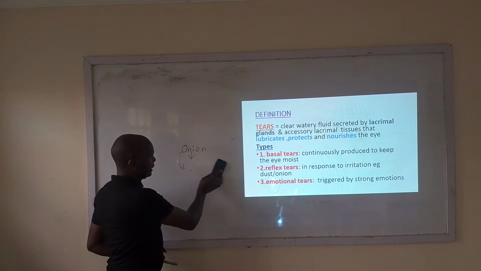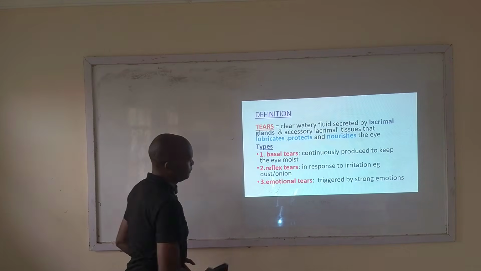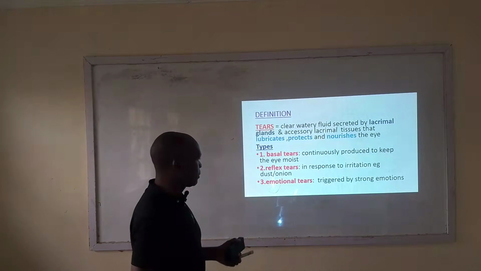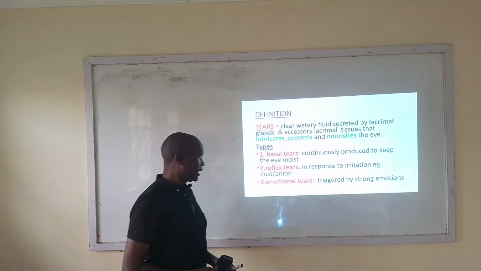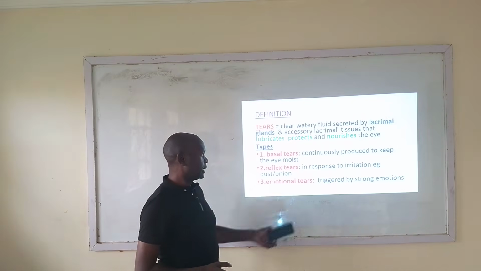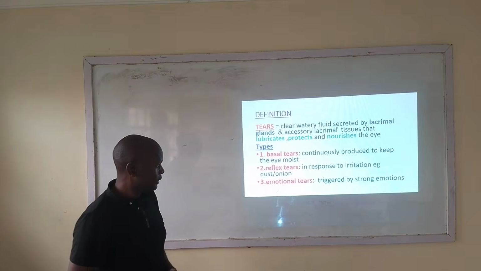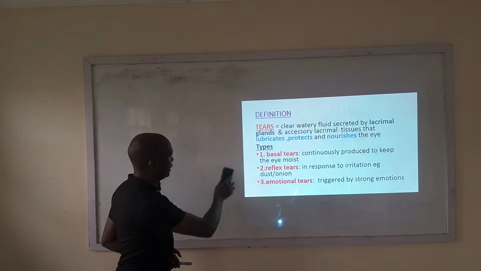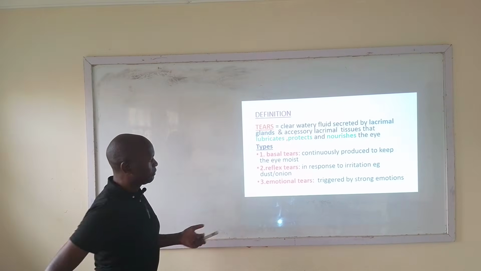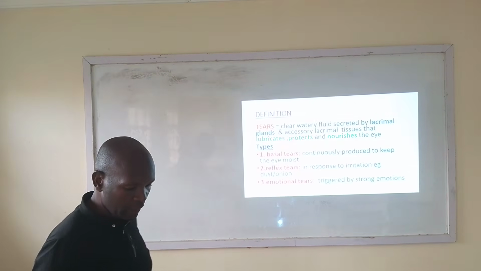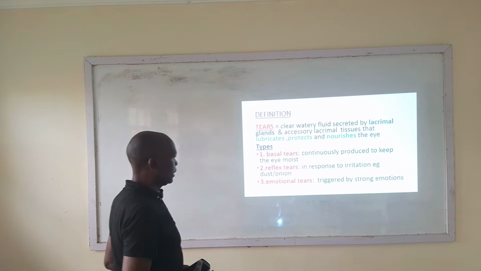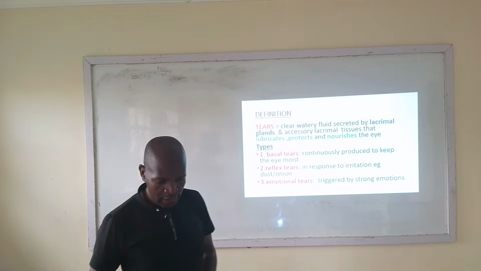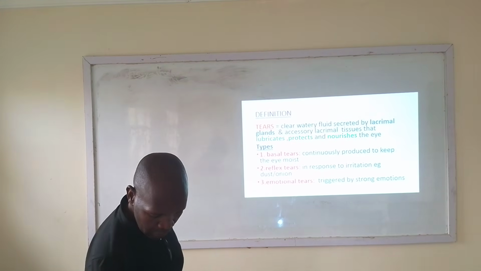Then we have the third type of tears, what we call emotional tears. This one is triggered when an individual has strong emotions. For example, if you have lost your loved one, or sometimes when you are emotionally affected, then the type of tears you will produce is known as emotional tears.